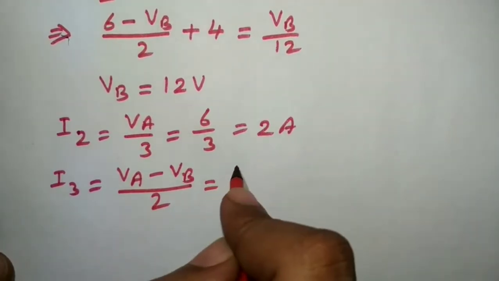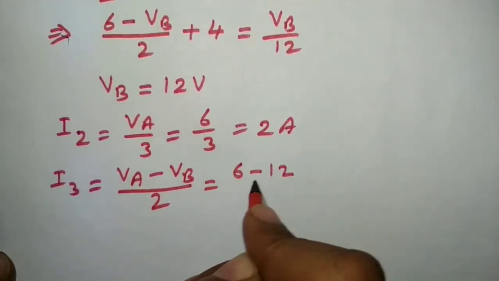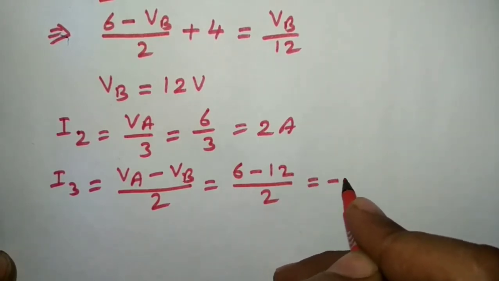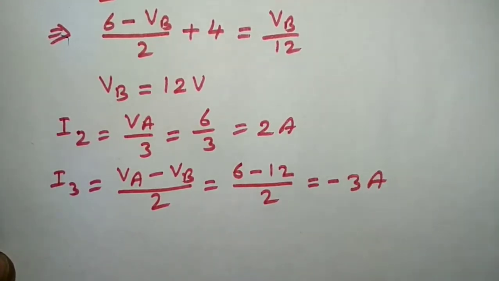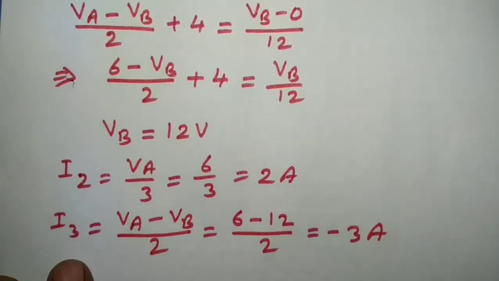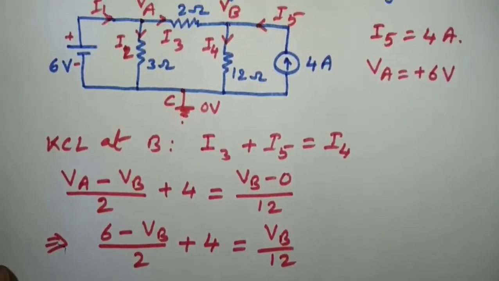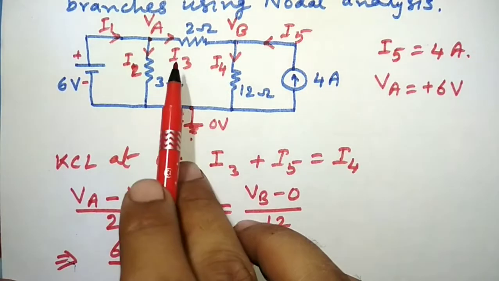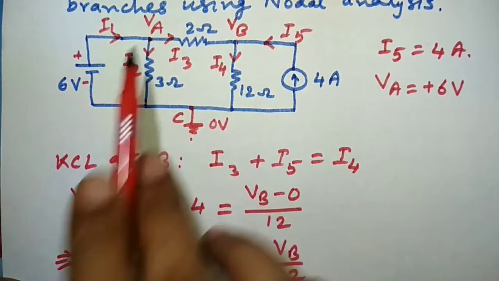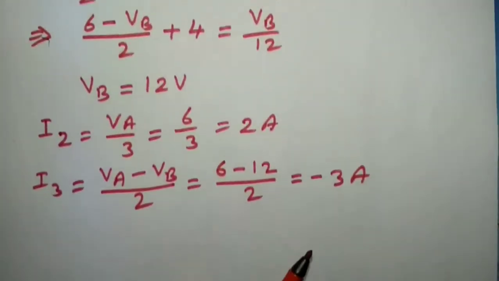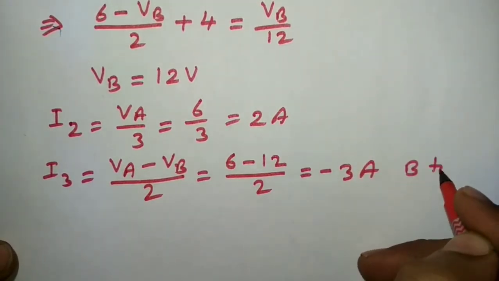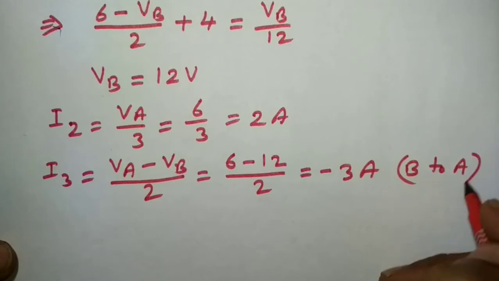It is (6 minus 12) upon 2, that is minus 3 ampere. Here the value is minus 3 ampere. That means the current I3 direction will be just opposite to what we have assumed. That means the current I3 will flow from B to A. So here we can write the I3 is from B to A. This is the direction we can write.